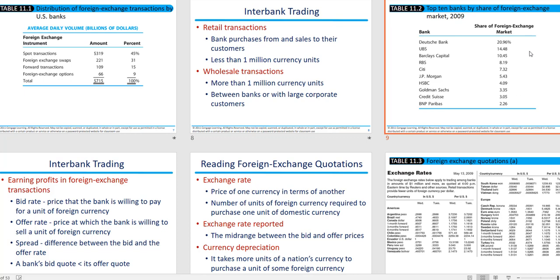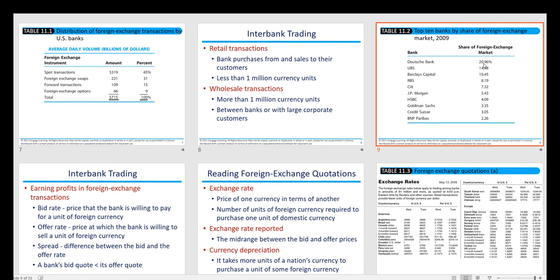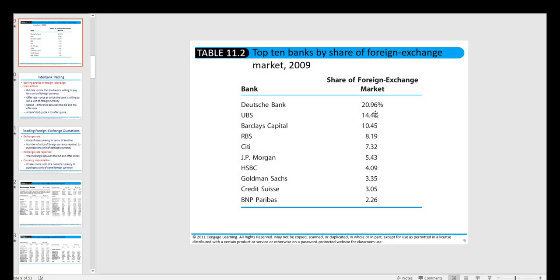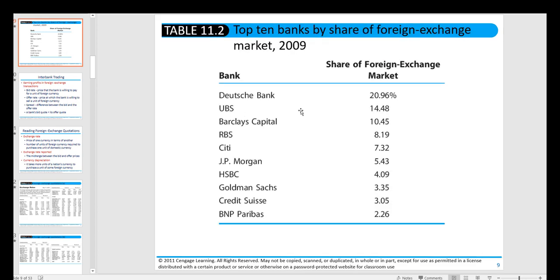In 2009, the top banks dealing in this foreign exchange market were Deutsche Bank, accounting for about 21% of the exchanges; the Union de Banque Suisse, the Swiss bank, with 14.48%; Barclays Bank from England, 10.45%; the Royal Bank of Scotland with about 8.19% of all foreign exchange transactions; and then come the American banks, Citi, JP Morgan, and then the Hong Kong Banking Corporation, Goldman Sachs, Credit Suisse, and Banque Nationale de Paris at 2.26%.